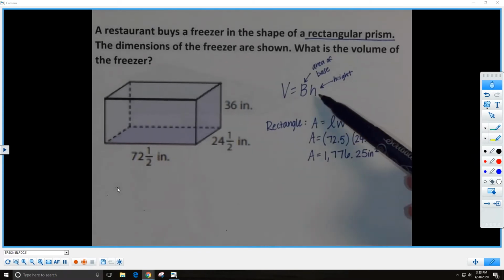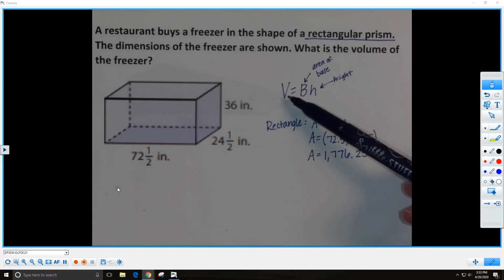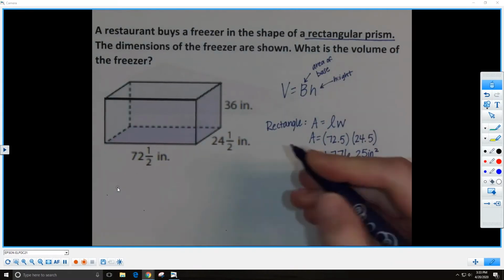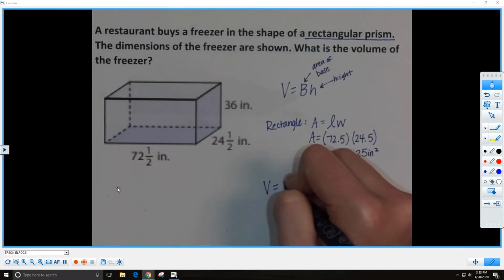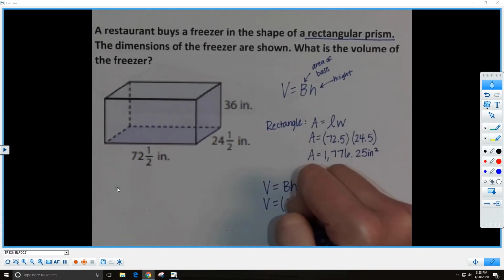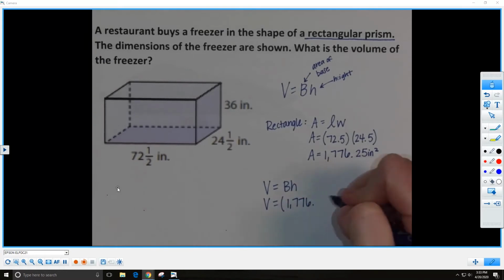So think back to our formula, which is that the volume of a prism is the area of the base times the height of the prism. Well, we know the area of the base. It's what we just calculated, and it was 1,776.25.